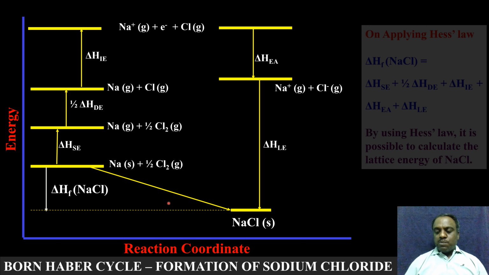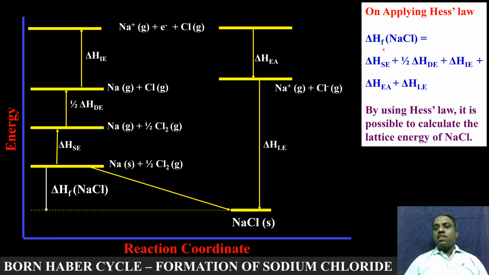Now, as per Hess's law, the formation enthalpy, that is this delta H f, will be the summation of all the 5 energies. Out of these 5, the first 3, that is the sublimation energy, bond dissociation energy, and ionization enthalpy, are endothermic in nature, and these two energies are exothermic in nature.